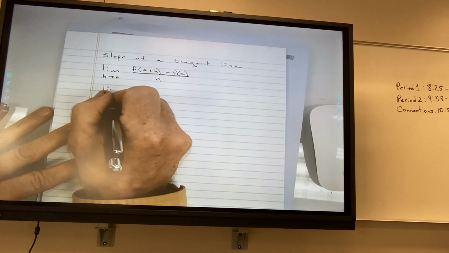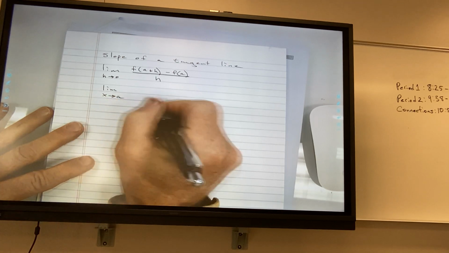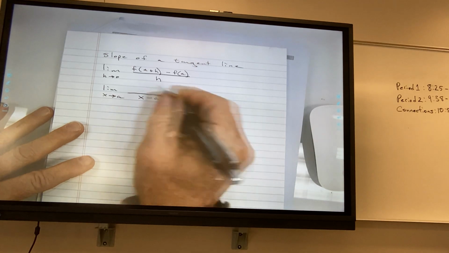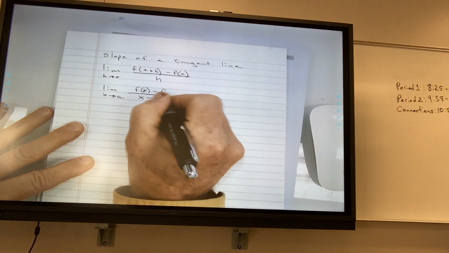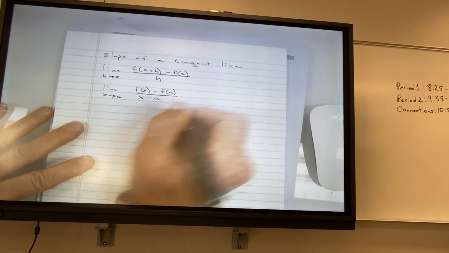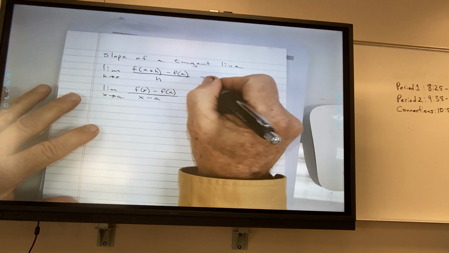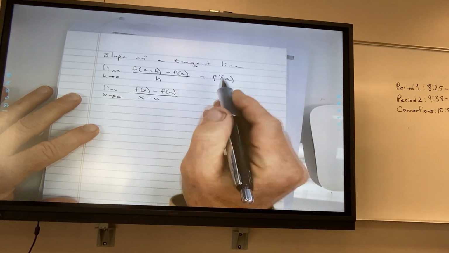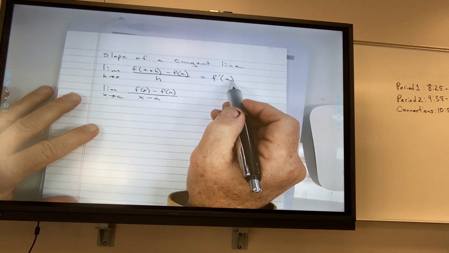The other one is this one, correct? Okay. Again, they give you slopes of a tangent line. In other words, they're equal to the derivative of the function with a plugged into it, correct?